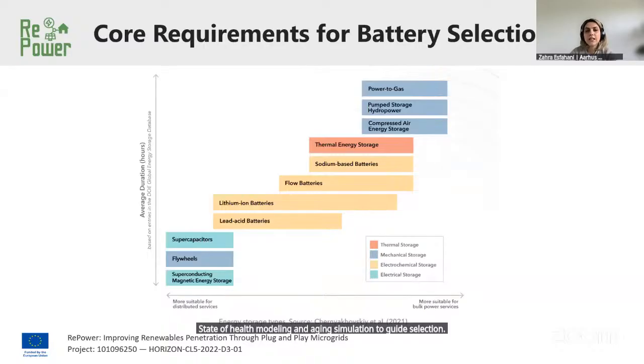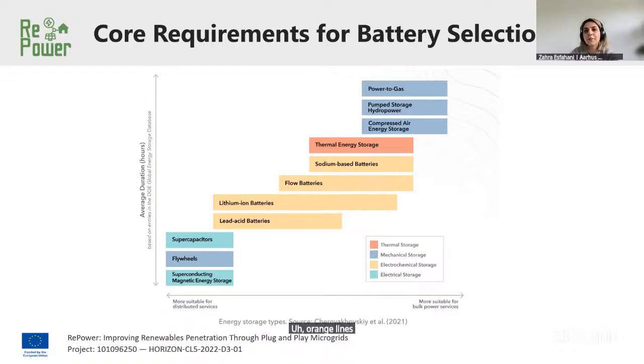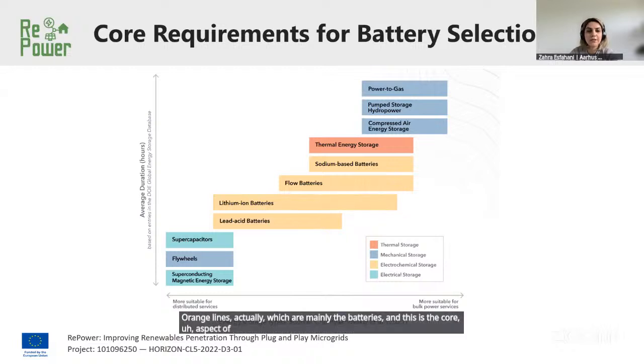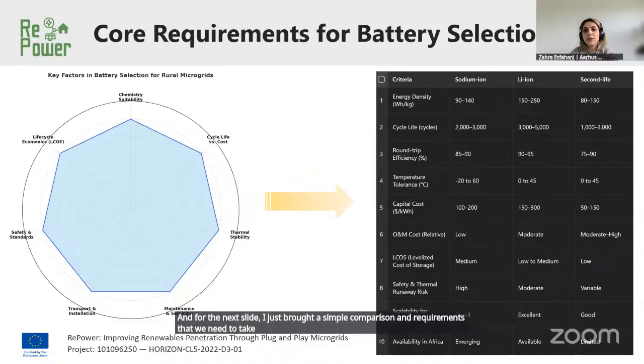And this slide just shows different chemistries and, as you can see, different average hours that we have from different kinds of storage. But I would like to refer to those orange lines, which are mainly the batteries. And this is the core aspect of our webinar. For the next slide, I just brought a simple comparison and requirements that we need to take care of when we are selecting different chemistries of the batteries.